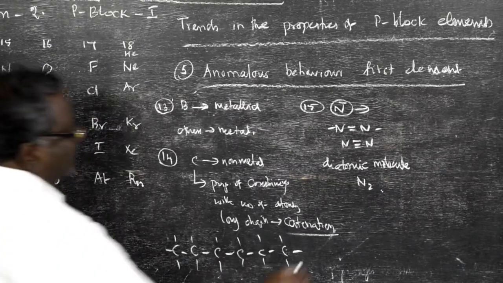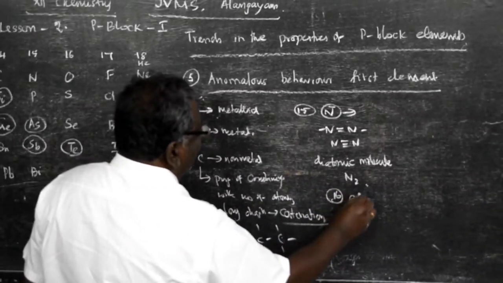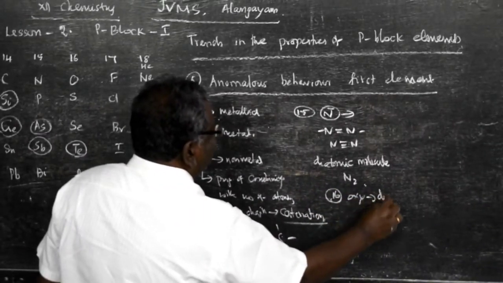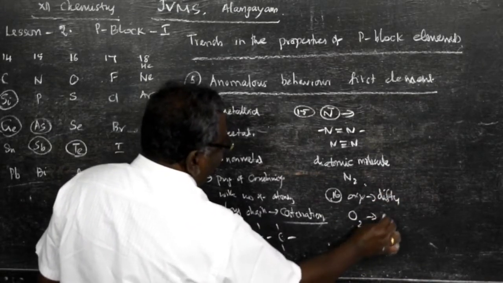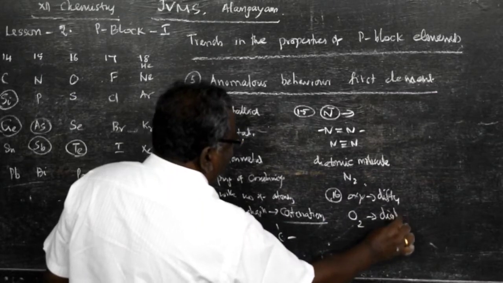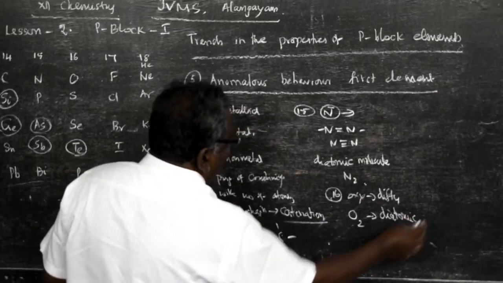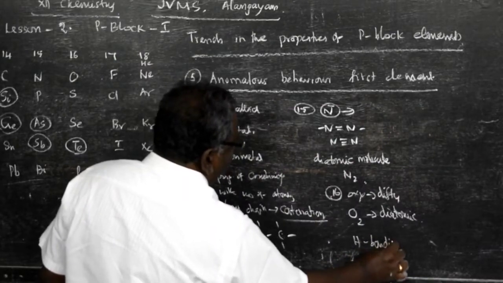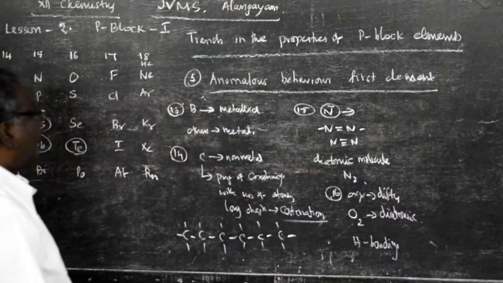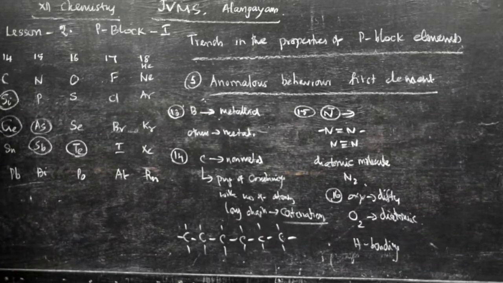If we go to the 16th group, oxygen is different. Oxygen also forms a diatomic molecule, right? And it also forms hydrogen bonding, which no other element forms in that particular group.